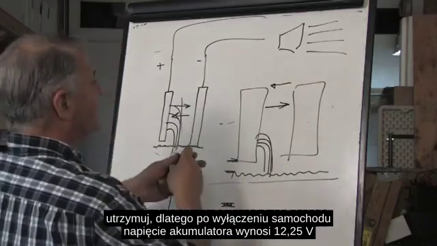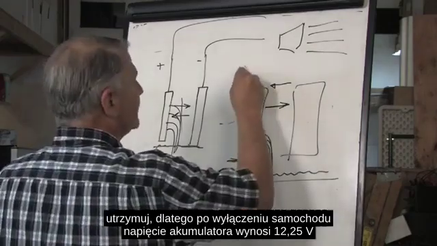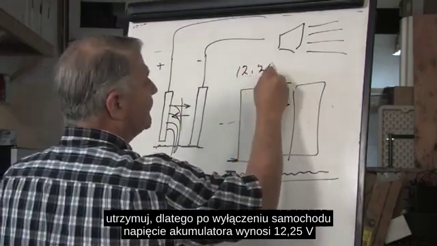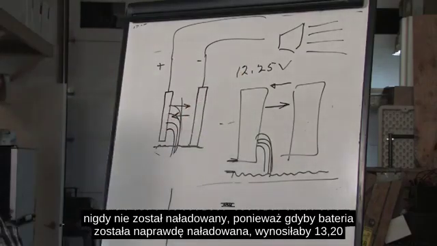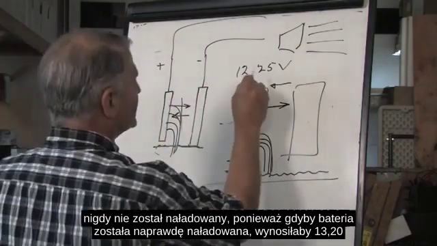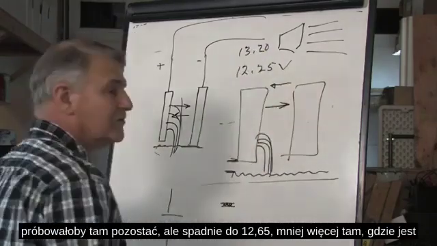So that's why when you turn your car off, the battery is sitting at 12.25 volts. It never got charged. Because if the battery really got charged, it'd be sitting at 13.20.